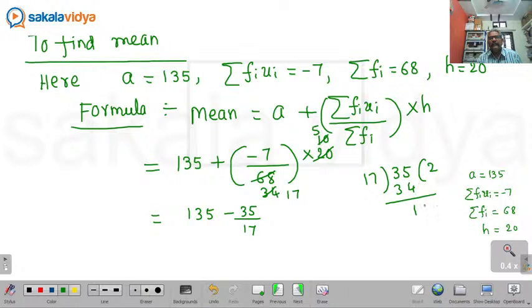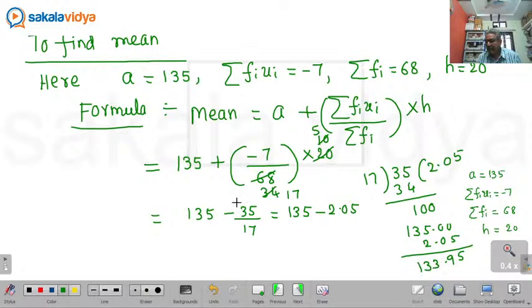You get 1. It won't go to 0. 17 6s, 17 5s. So 135 minus 2.05. From 135 subtract 2.05. You will be getting 133.95.